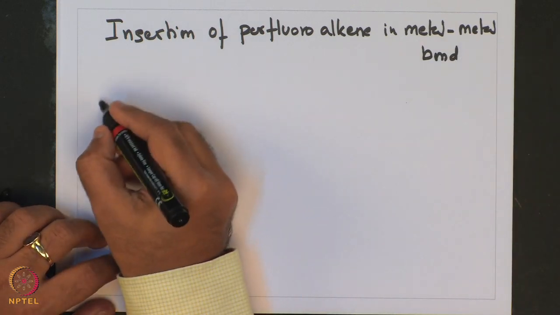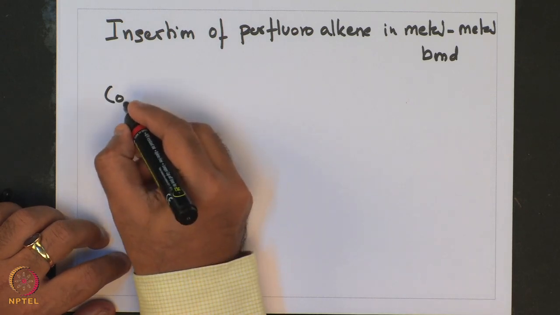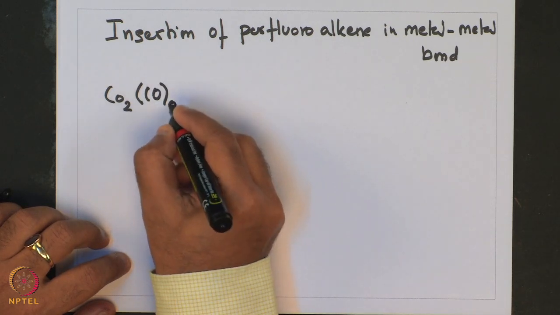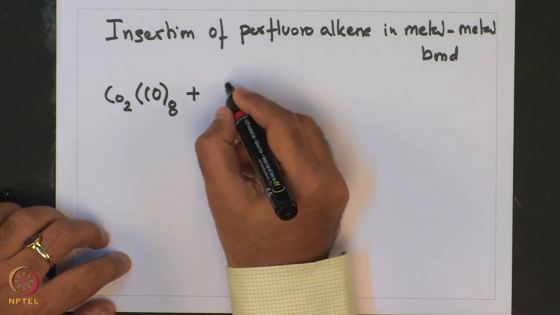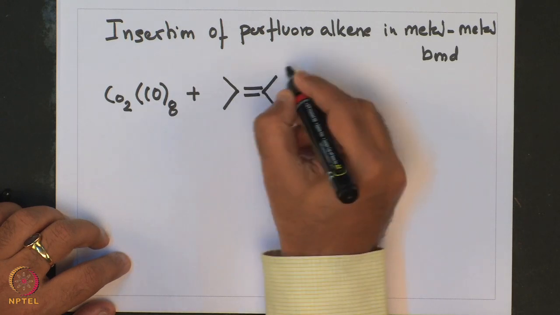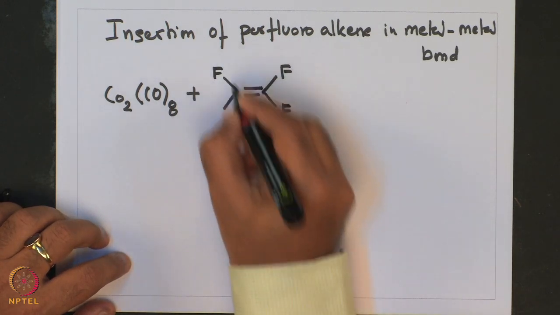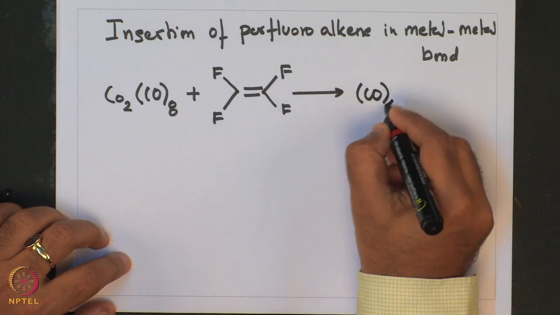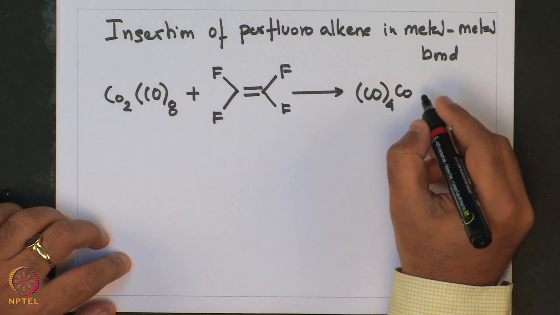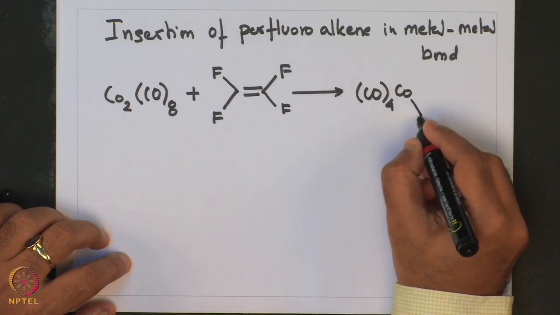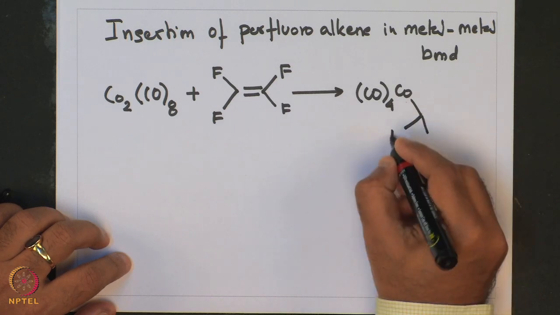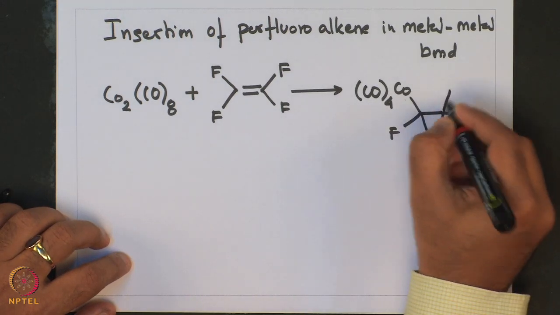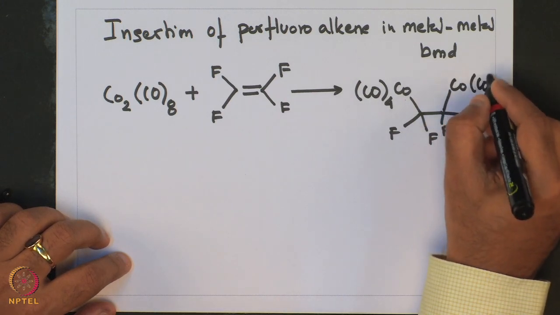And this is given by the reaction of dicobalt octacarbonyl reacting with perfluoroethylene, giving (CO)4Co-CF2CF2-Co(CO)4.